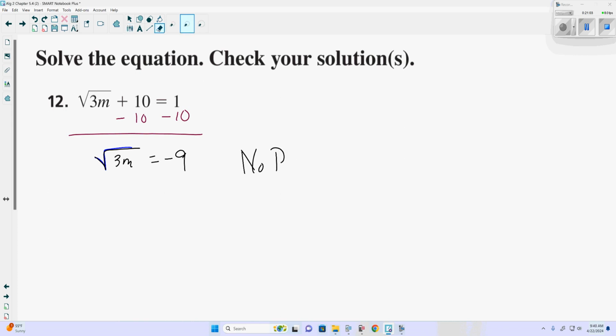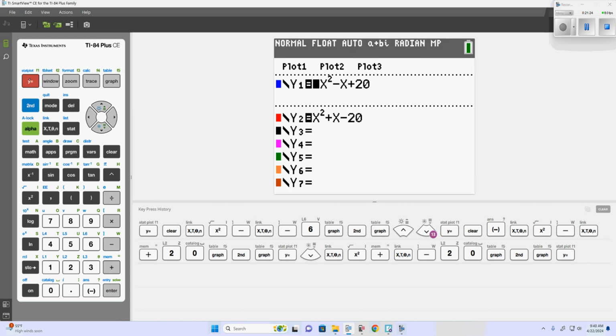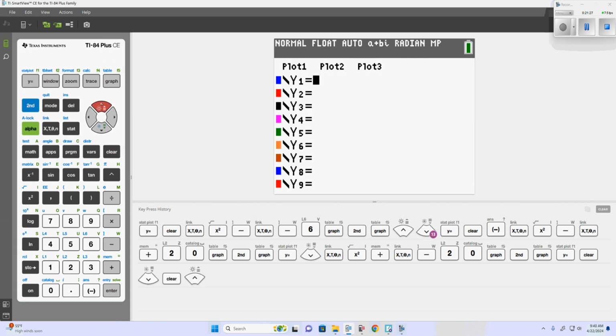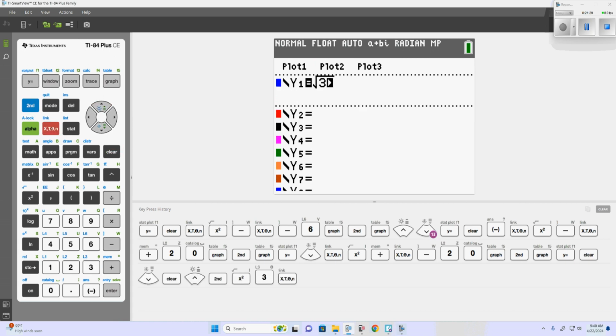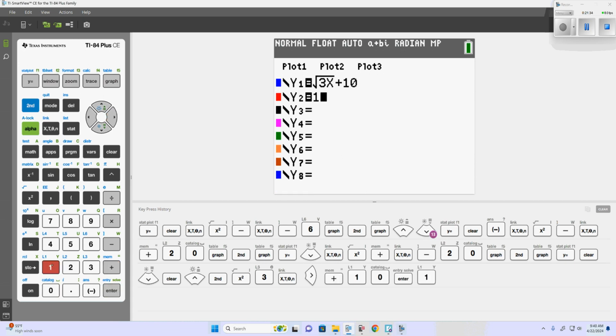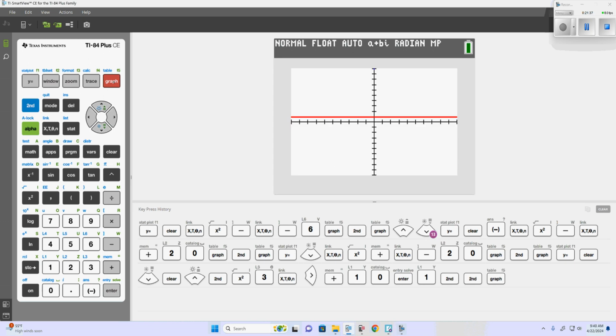And I mean, if we notice this here, we can say that this is no solution, no real solution, just no solution. It just does not work. Because if I plug this in, our original problem, we'll say 3 square root of 3x plus 10, and this equals 1.